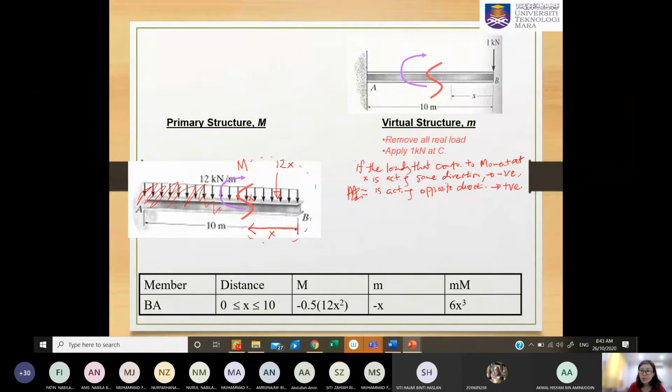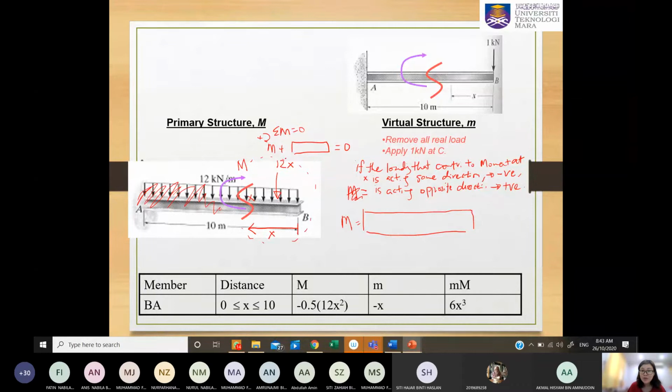positive value. Why I want to do this is because I want to directly get my moment at the other side and the rest of my loading in the opposite side. Do you get what I mean? Previously, we take a summation moment equal to 0, and then all my M and all other external loads that will contribute to the moments at the same side, and then we equal to 0, right?